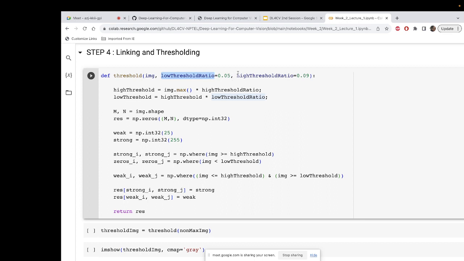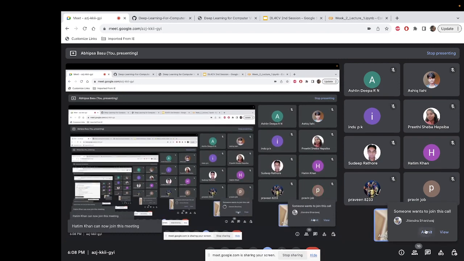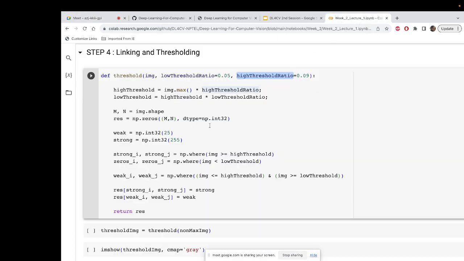So what is the algorithm once again? Suppose if my gradient magnitude is greater than this high threshold, I will simply say that the corresponding pixel location is an edge point.